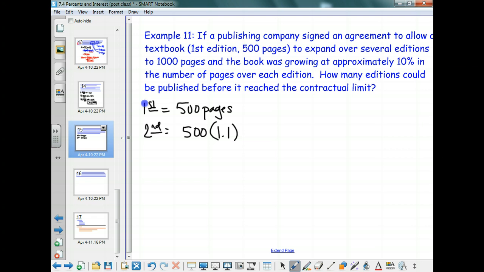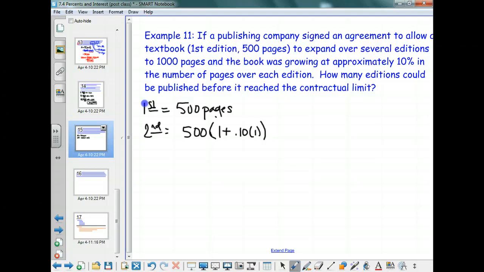Some of you know what the 1.1 is representing, and others of you were looking at it and going, where did 1.1 come from? Well, it actually came from this. This is actually 1 plus 10%, and that 1 there is representing the original book, plus one additional edition, one increase of 10%.